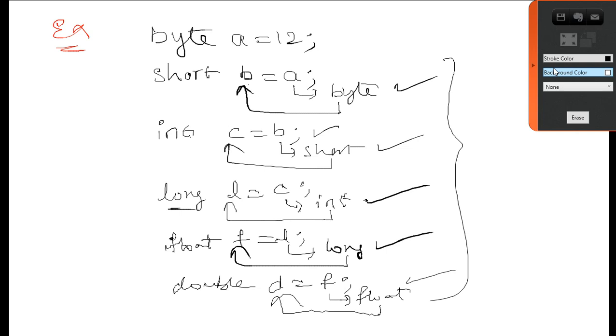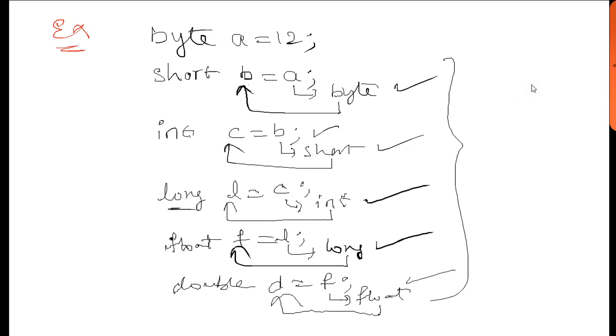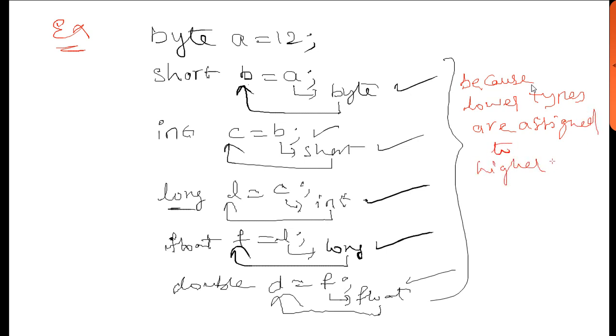Why? Because lower types are converted to higher types. Why is it correct? Because lower types are assigned to higher types.